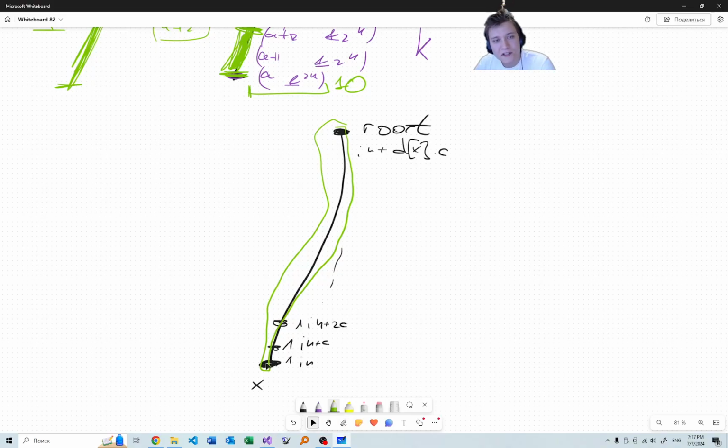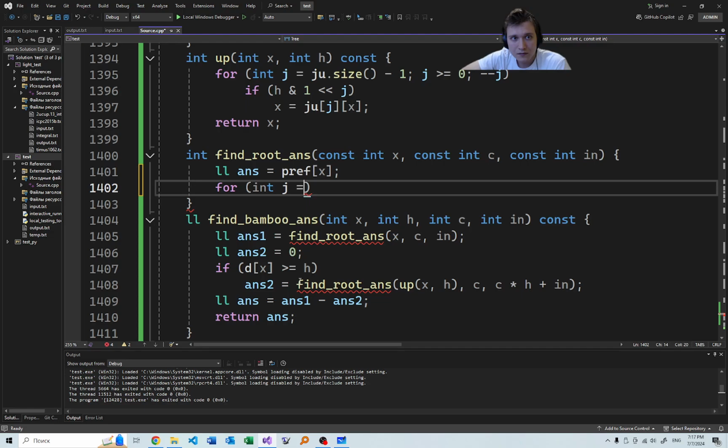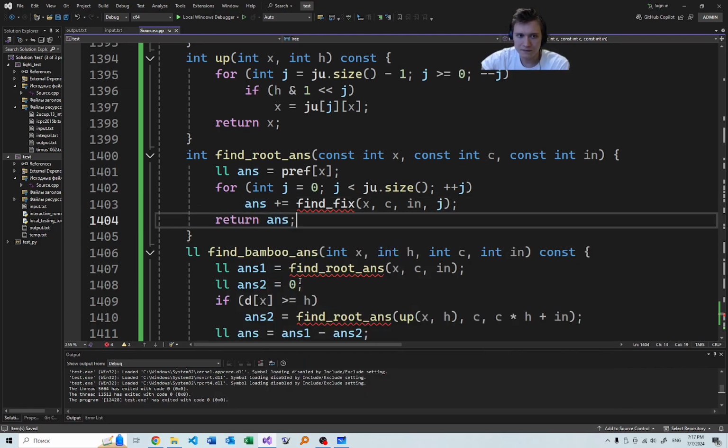And now I only need to fix it for each bit. So to do that, let's say I need to say that ans plus equals find fix xc in j, and return ans.